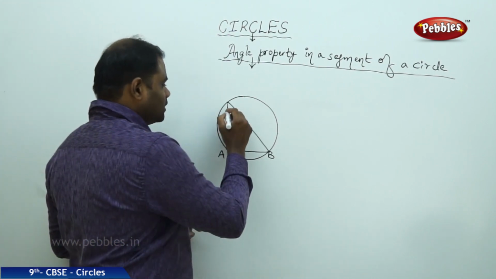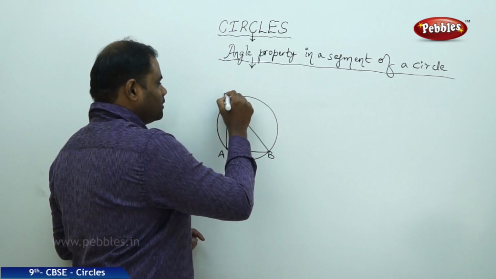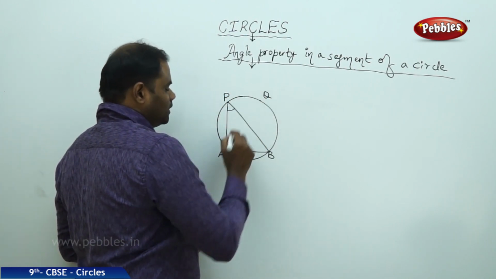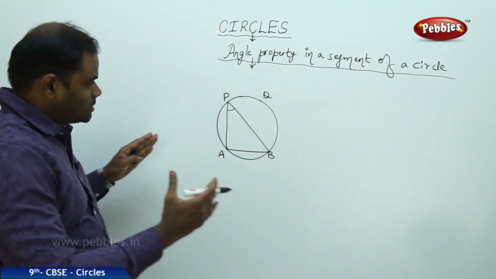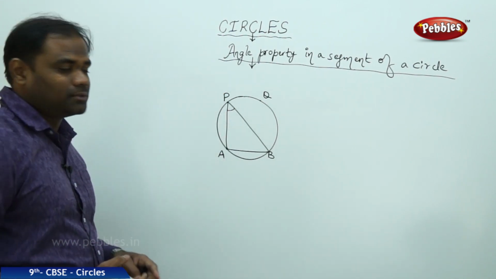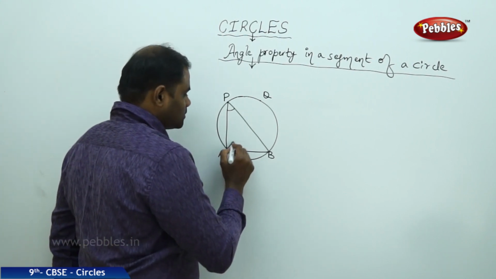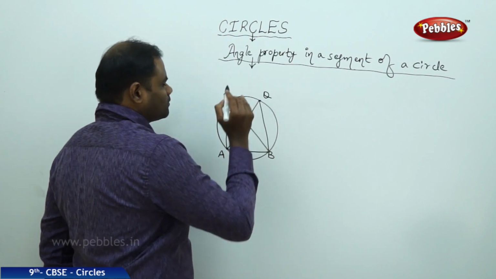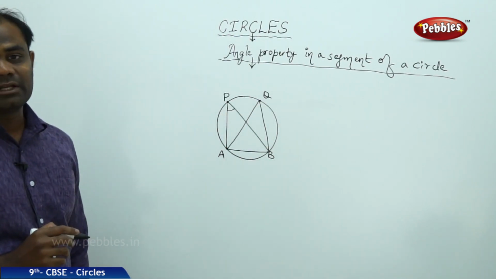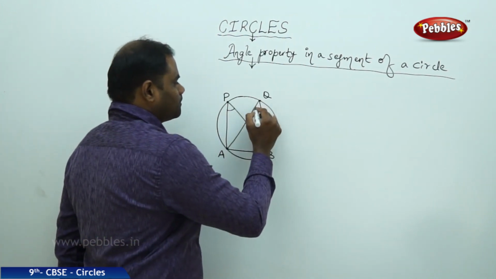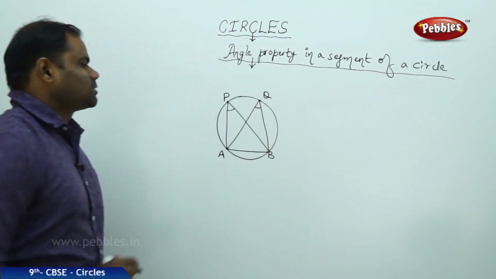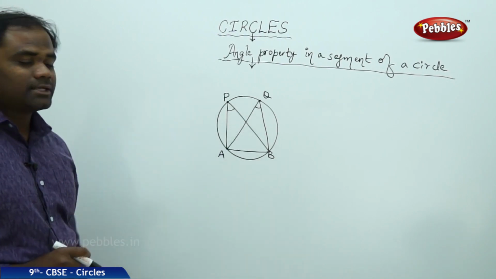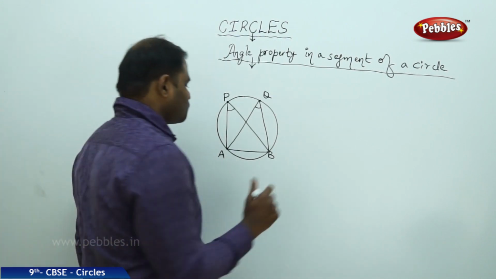Suppose this is the angle as made by the chord AB with point P, and there's another point, say Q, and say the chord AB subtends an angle at the point Q. Say for example, this is the subtended angle for the chord AB at Q. Is what we get. So angle APB and AQB are said to be angles in the same segment.